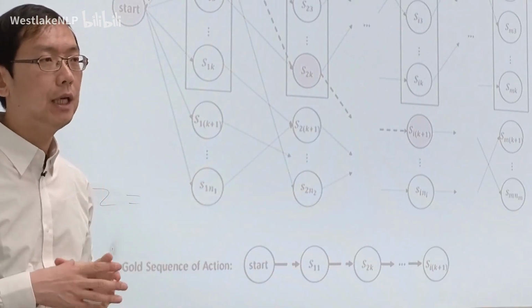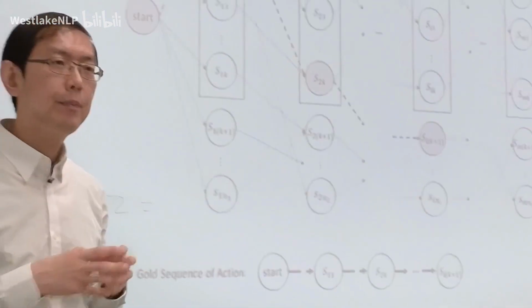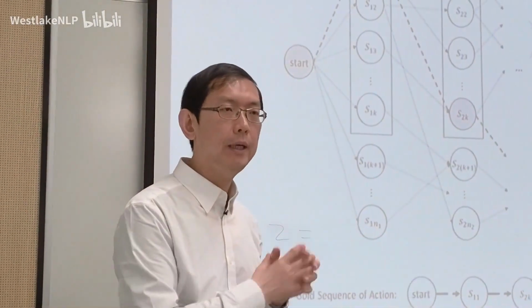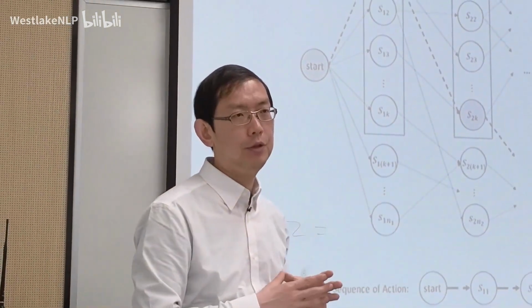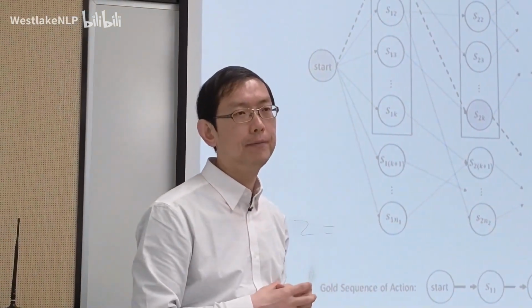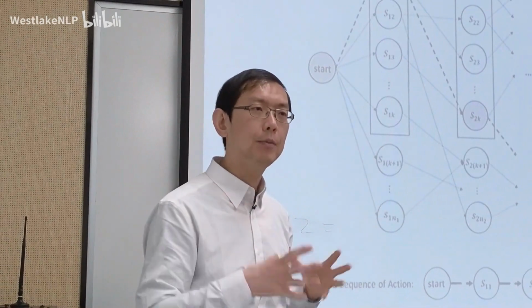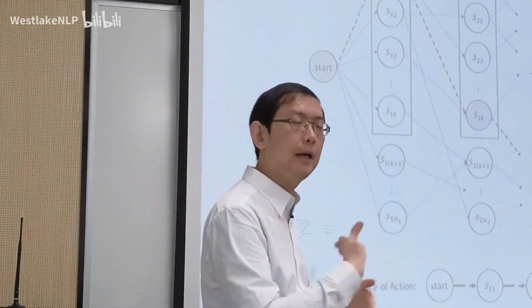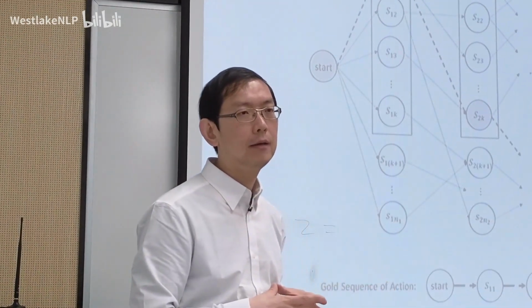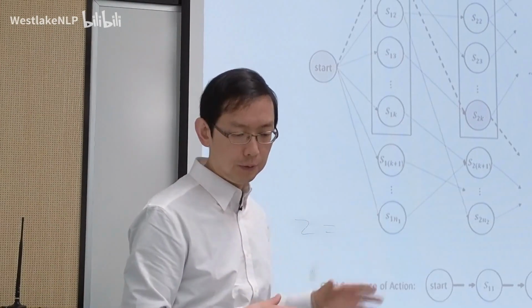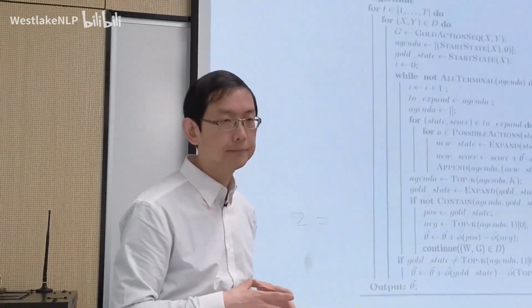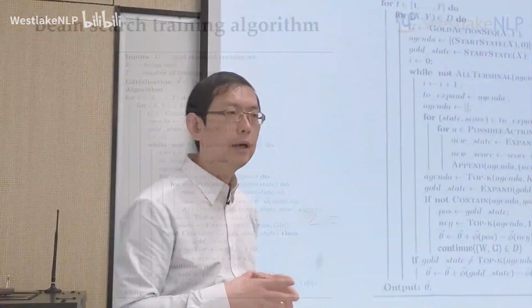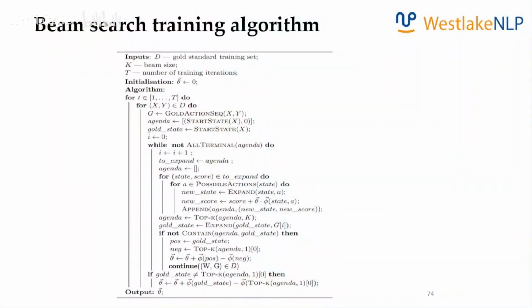The only change as compared with the perceptron algorithm we learned in week 3 is that we use beam search to find a negative example rather than dynamic program, because now we cannot apply dynamic program. Right. So pseudocode is shown in the next slide. You can read the details offline, but basically what we did is what I described before.